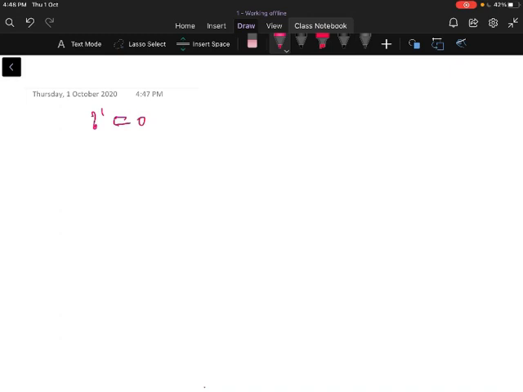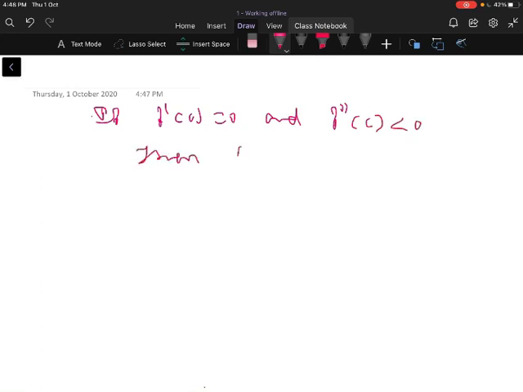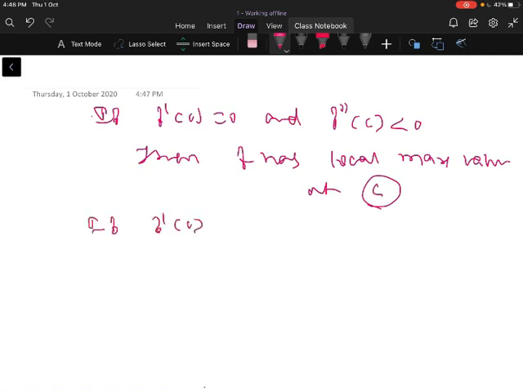If f dash of C is 0 and f double dash of C is negative, then f has local maximum value at C. Therefore, C is a critical point.